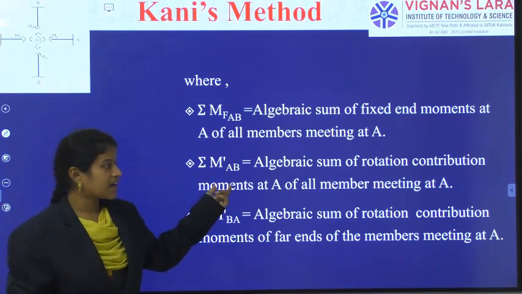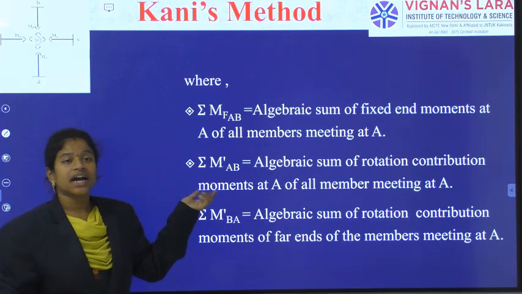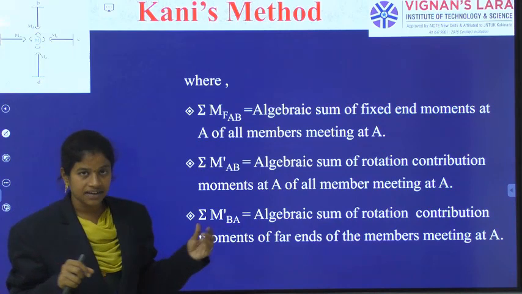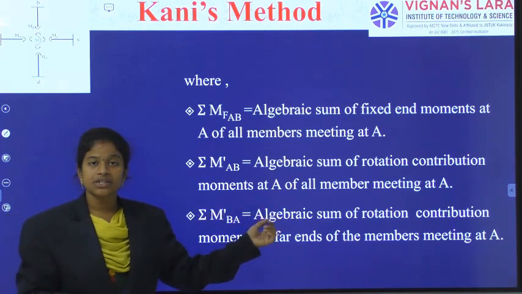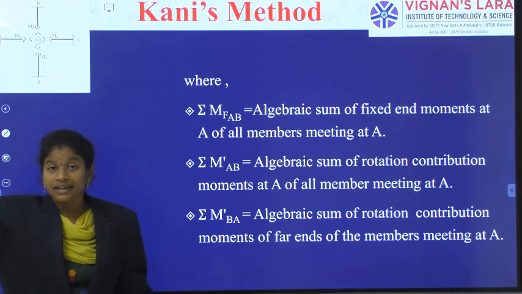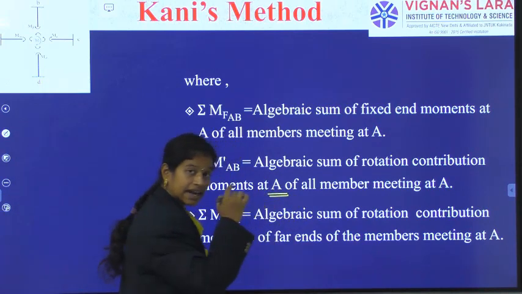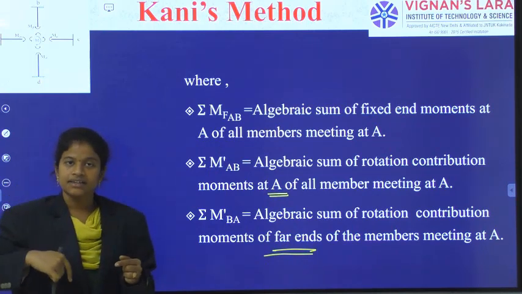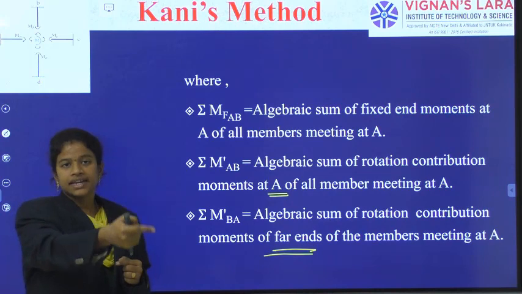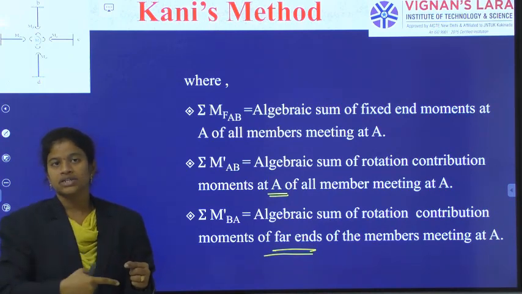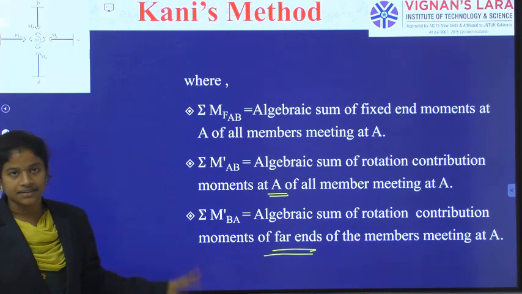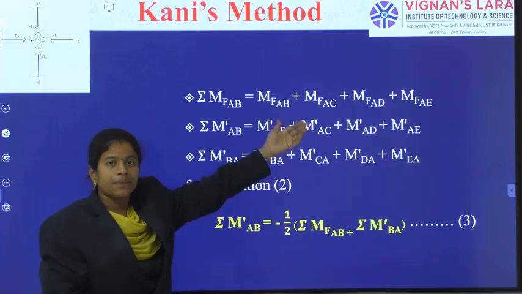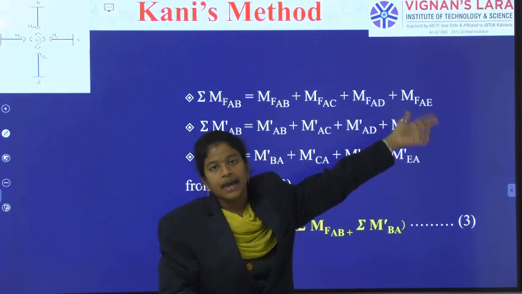Similarly, sigma M dash AB indicates the algebraic sum of the rotation contribution moments at A for all the members meeting at A. And sigma M dash BA is the algebraic summation of the rotation contribution moments of the farther ends: at B towards A, at C towards A, at D towards A, at E towards A. So sigma MFAB is equal to MFAB plus MFAC, MFAD, MFAE.